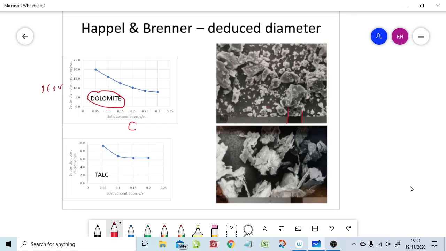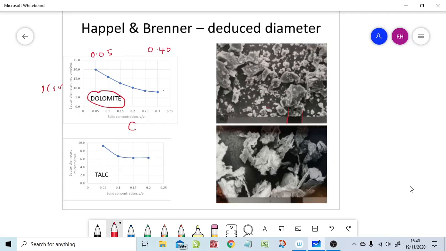So we have values going from 0.05, just like the calcite, to, in this case, 0.4, 40%. I think it was possible to go beyond 0.4, but we were in no way in the constant rate settling period. There was clearly compression going on in those tests.